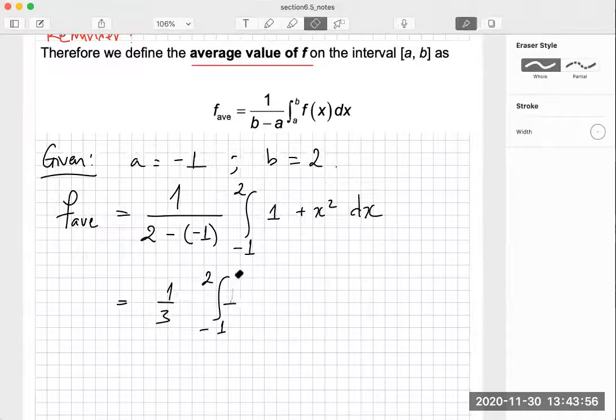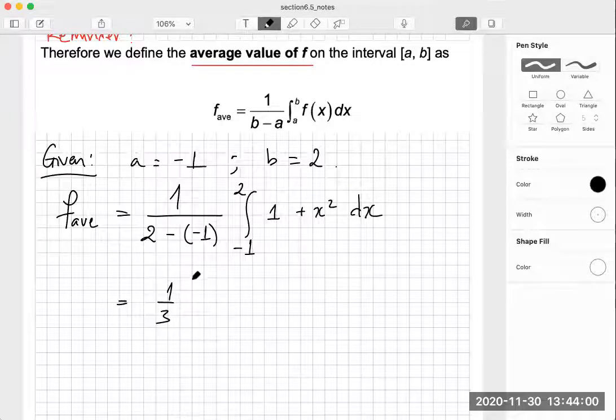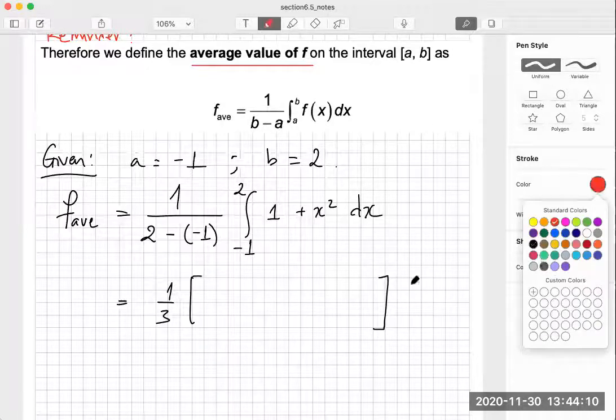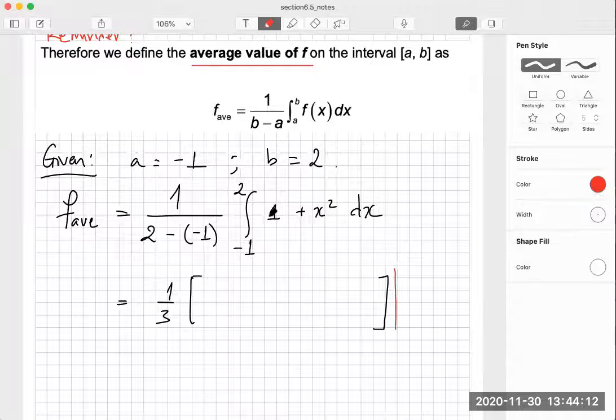Just a reminder, you don't have to do it in much detail. But now what we can do is find the integration here. So what is it? We need to find the antiderivative of 1 and the antiderivative of x squared.